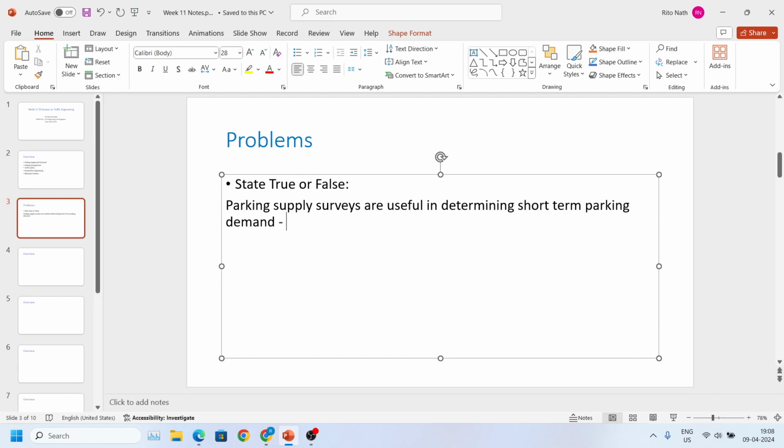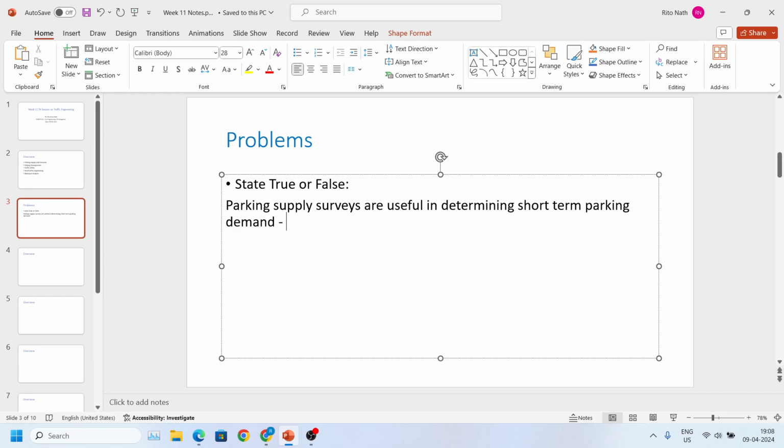This is from the initial portions of the lectures, from module H, I think H1, the first lecture of that parking module.